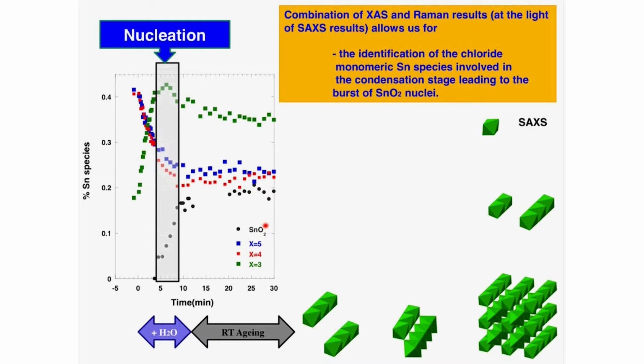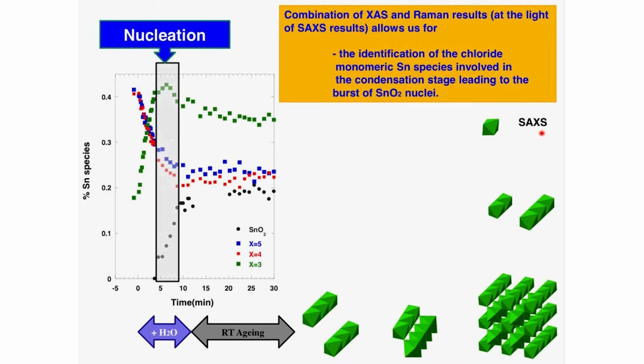This analysis of tin speciation provided by both techniques was really decisive to propose reaction pathways leading to the formation of tin oxide and to make links between the different species represented here, which were put in evidence by small angle X-ray scattering.